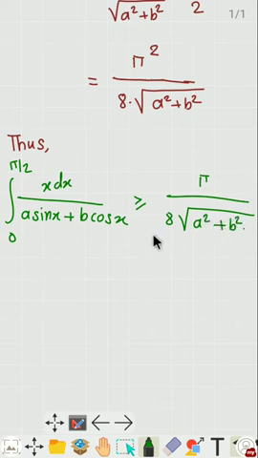Okay, so this is the required inequality we have proved.